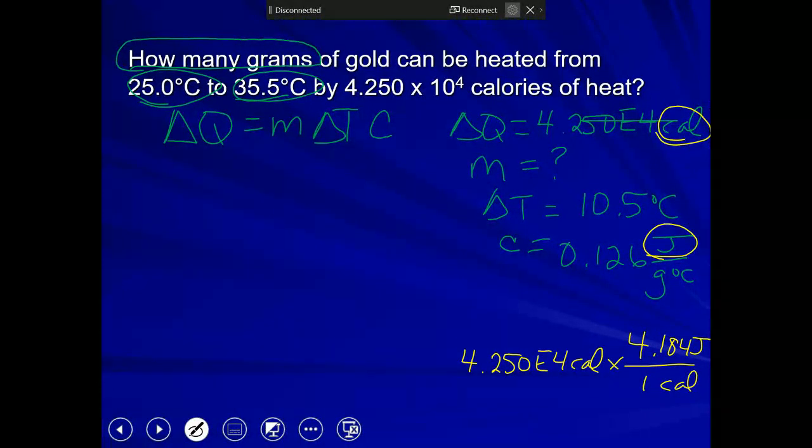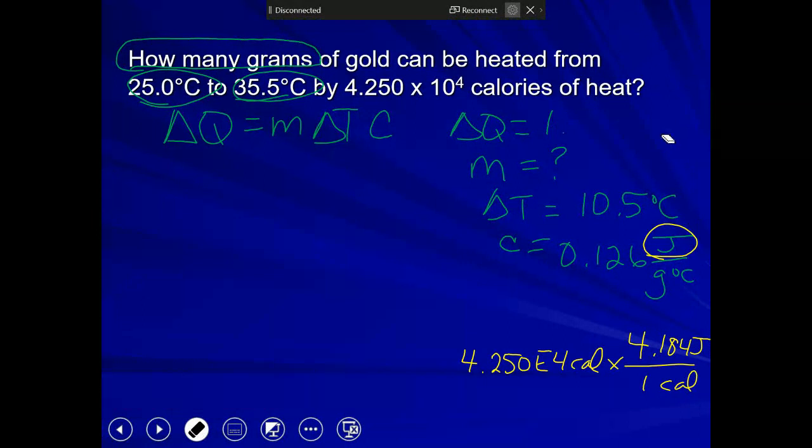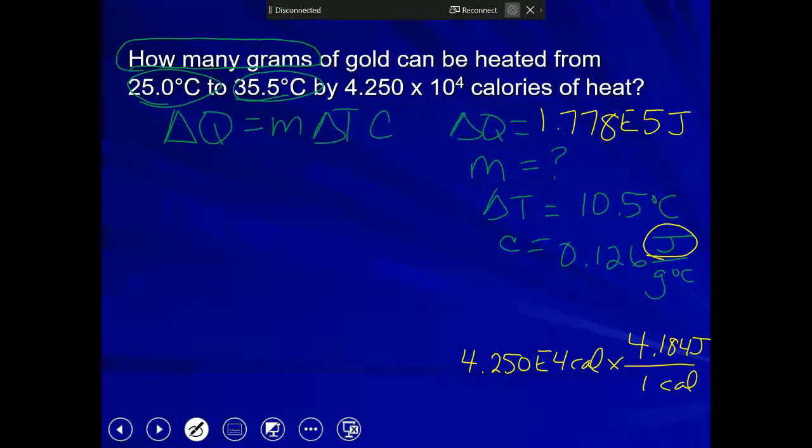So I need to do a little conversion there, and instead of the heat in calories up here, I'm going to put it in joules. I get 1.778. I'm going to keep at least the 4 sig figs that I already had, times 10 to the fifth joules. And that's the number that I want to use in my equation to make sure that the units divide out. Now I'm trying to solve for the mass here.